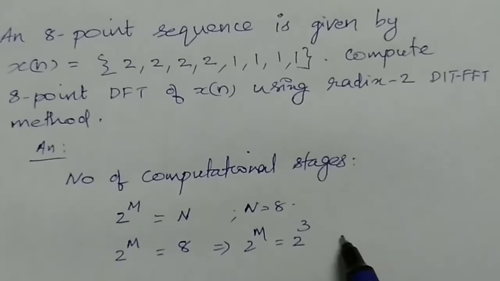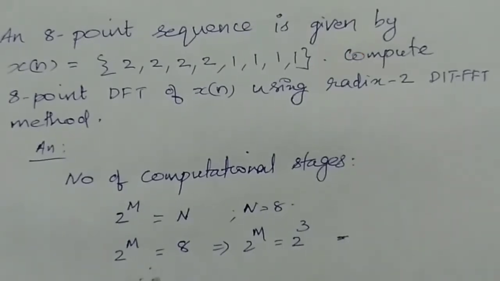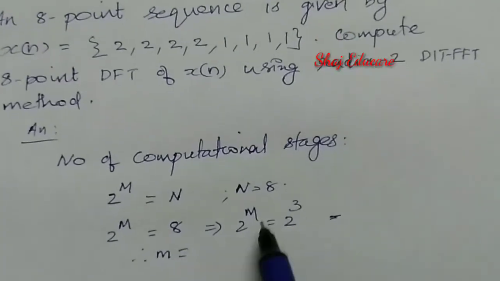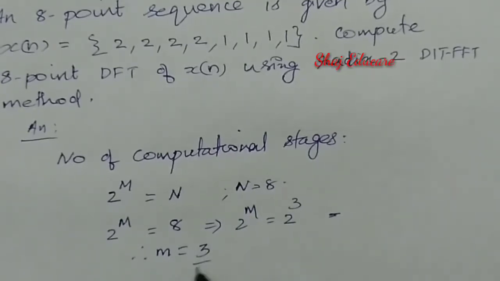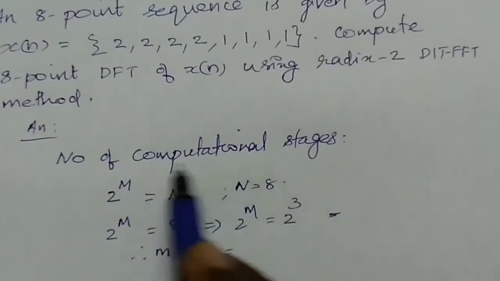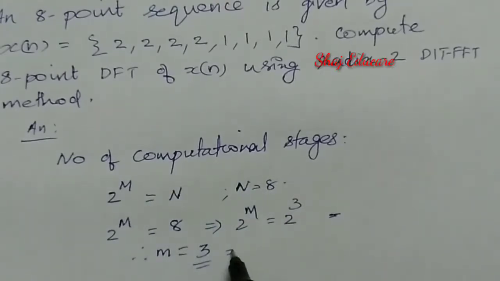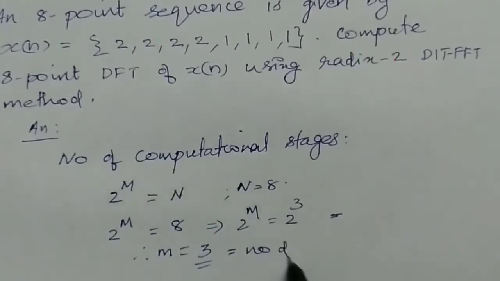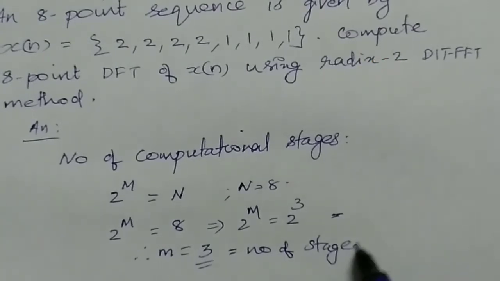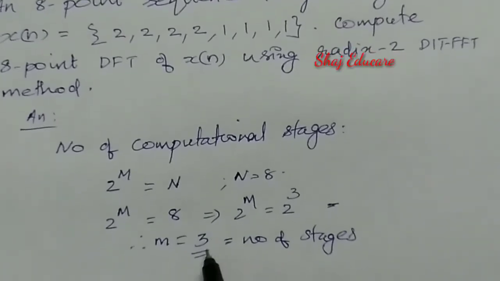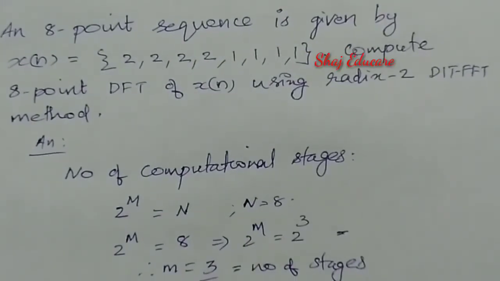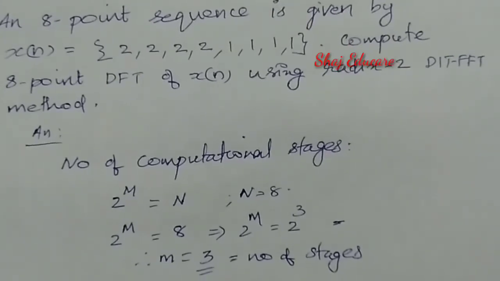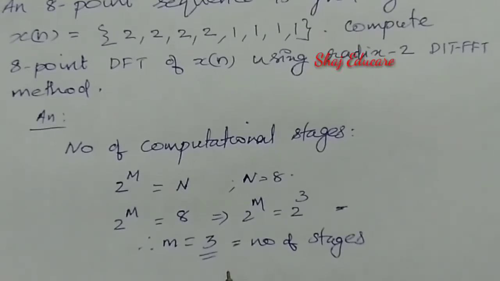Therefore m will be equal to 3, where m is the total number of computational stages required. Hence we can conclude that in order to solve this problem we need to make use of 3 computational stages.